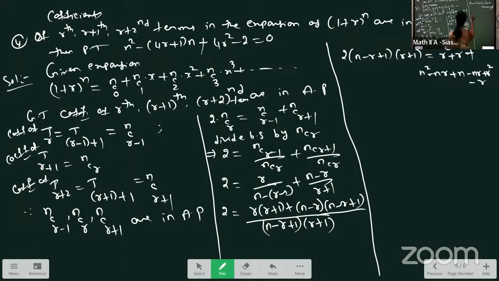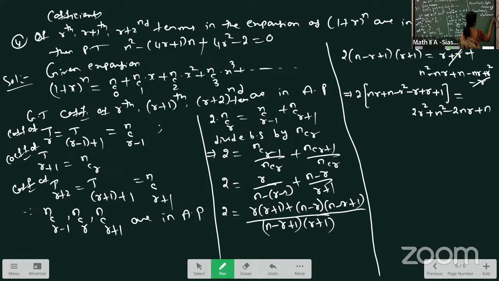Now the left side: 2nr + 2n - 2r^2 - 2r + 2, equals the right side, where +r and -r cancel: r^2 + r^2, 2r^2 + n^2 - nr - 2nr... Left side multiplied with 2: 2n - 2r + 2 equals 2r^2 + n^2 - 2nr + n.